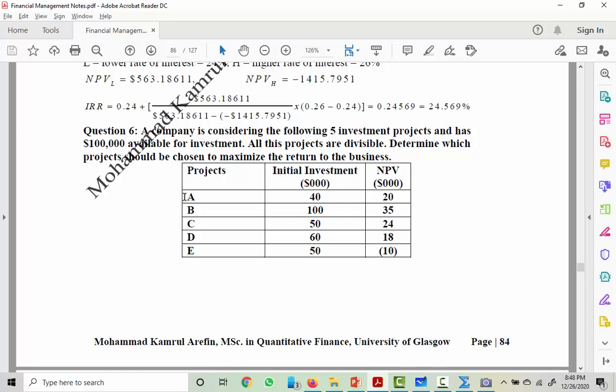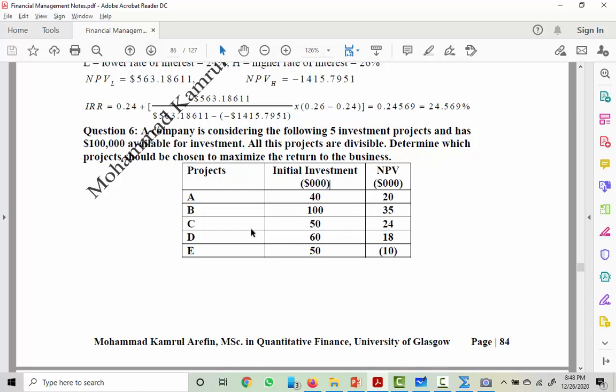If you look carefully, you will see that project A will need 40,000. These figures are all in thousands, because there is a bracket here with 3 zeros.